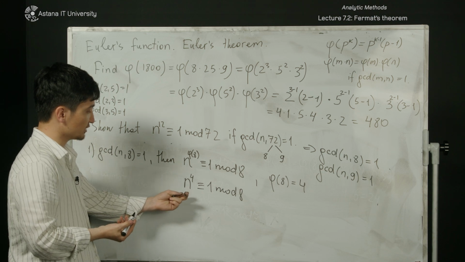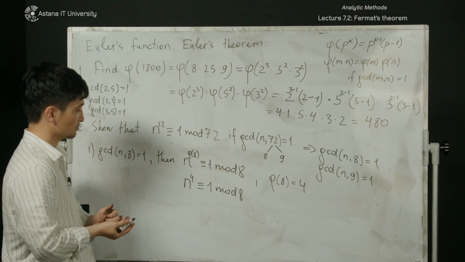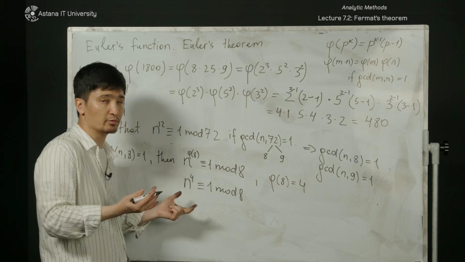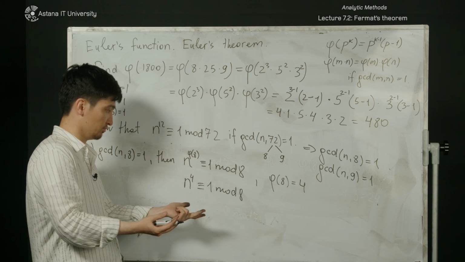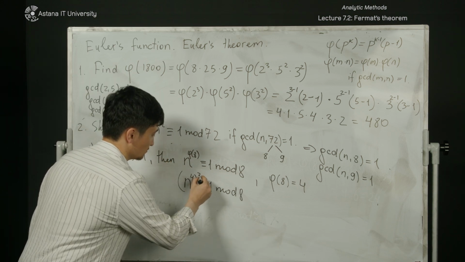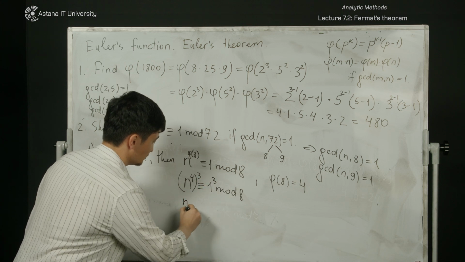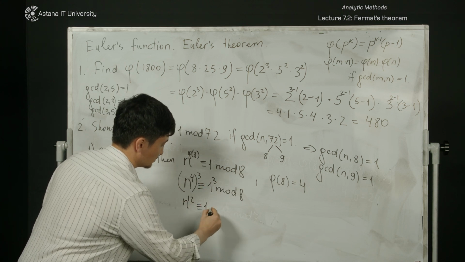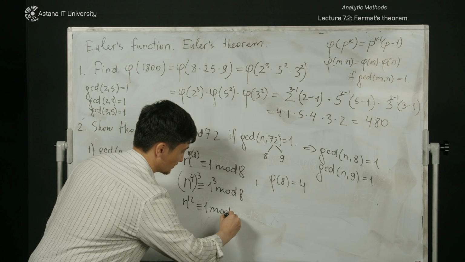Now what I need is power of 12, and I don't have a problem here, I can raise it to an integer power. To get 12, I can simply raise it to the power of 3 and get n to the power of 12 gives me remainder 1 mod 8.